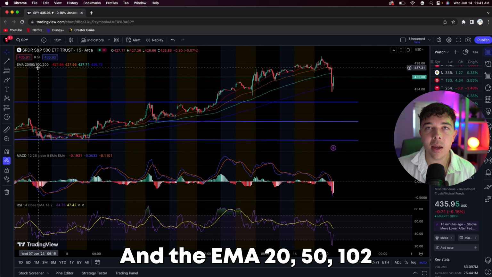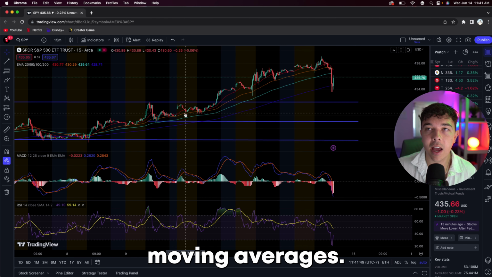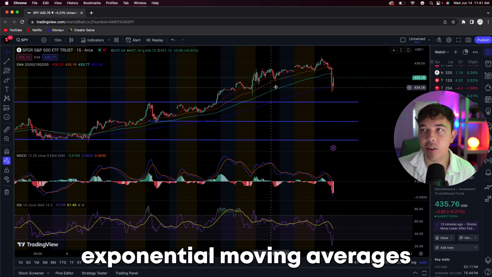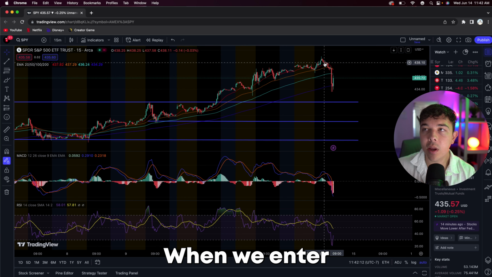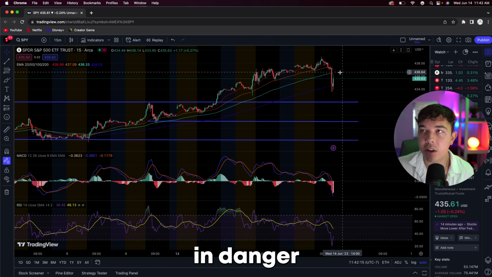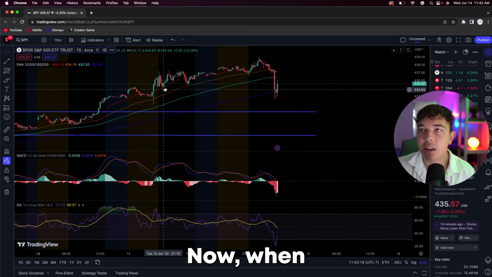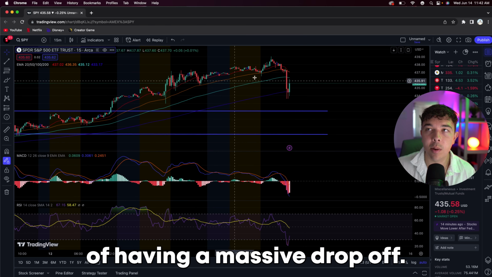And the EMA 20, 50, 100, and 200 are going to be our exponential moving averages. And what we're going to be looking for with the exponential moving averages is when we cross over them and then get below them. When we enter into our EMA lines, we are in danger of having a massive drop off just like we did today. Now, when we're trending above it, we're not in danger of having a massive drop off.